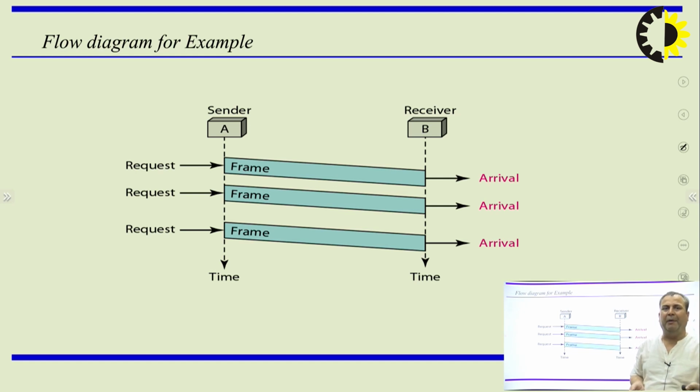It is called a packet. Okay, so you can see that sender A sends one frame, it is received, then the sender sends another frame, and so on. So the packet or frame is received. This is the simplest protocol, you can say.